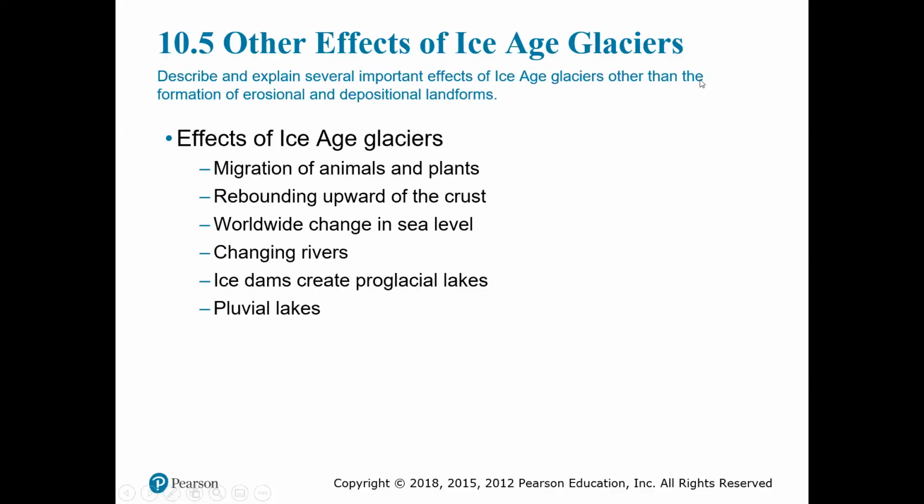Some of the other effects that we see from the Ice Age glaciers: changing rivers. If we look at the courses of rivers today, they bear little resemblance to their pre-glacial routes. This is shown for you on page 325.